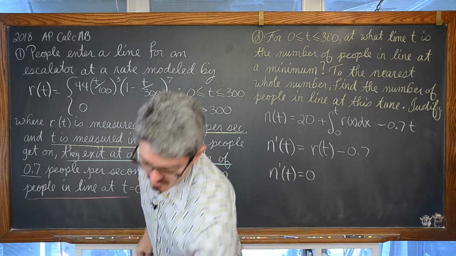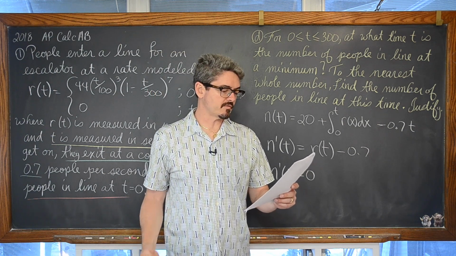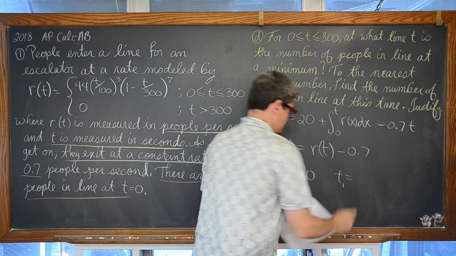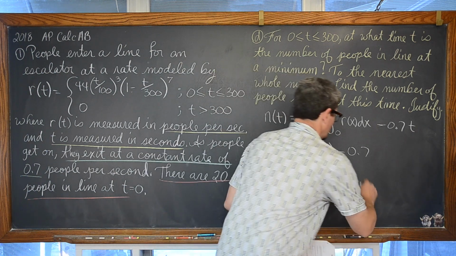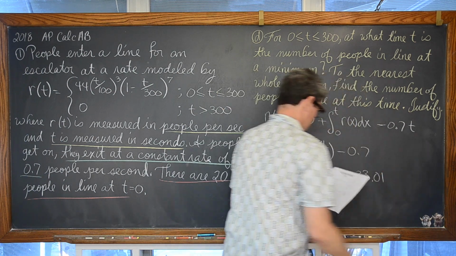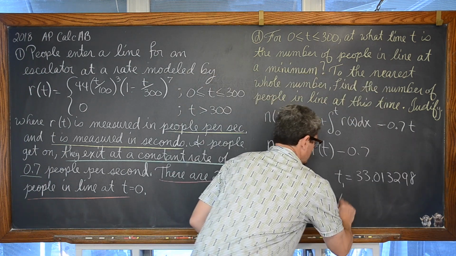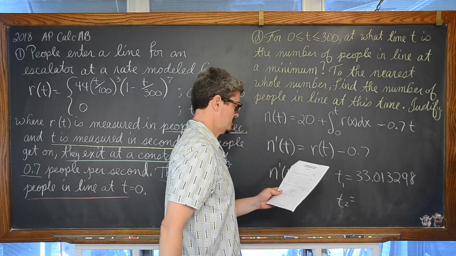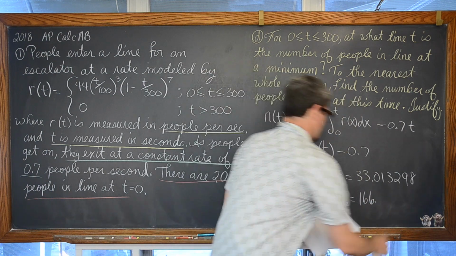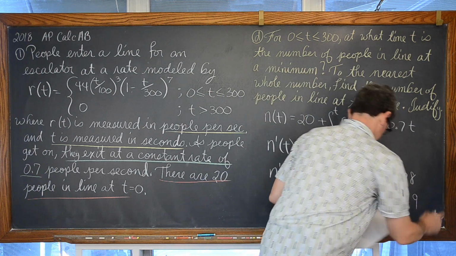And when you do that on your calculator, graphing the two functions and finding where they intersect, you're going to find out that t sub 1 is equal to 33.013298, and t sub 2 is equal to 166.574719.